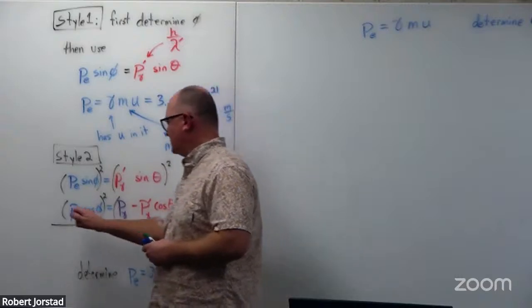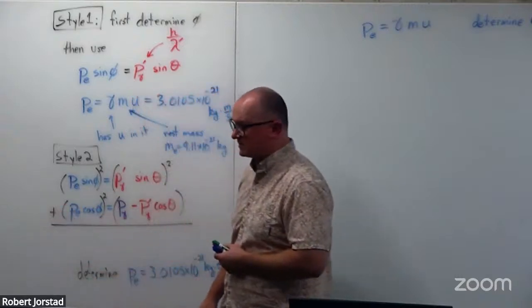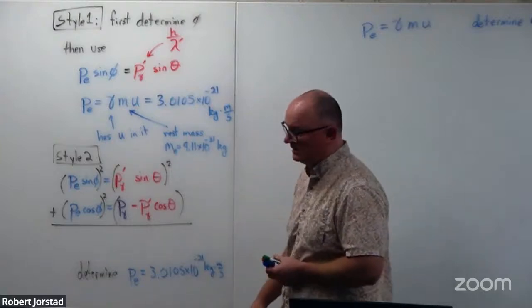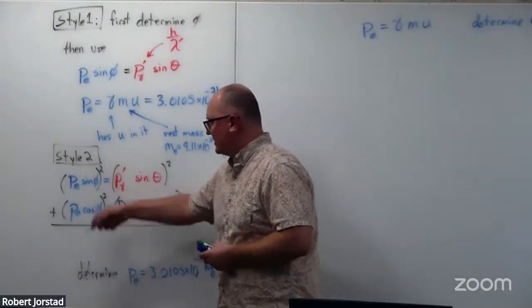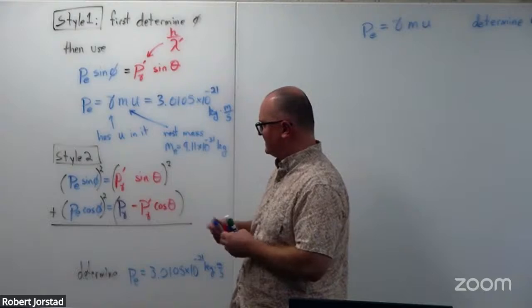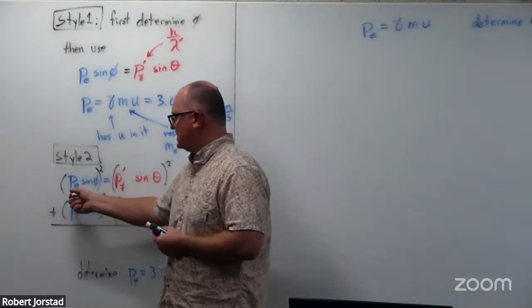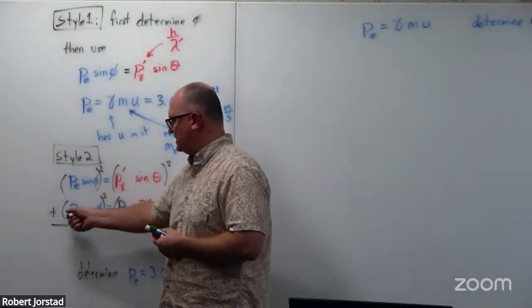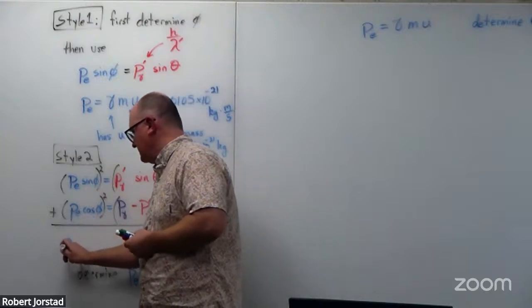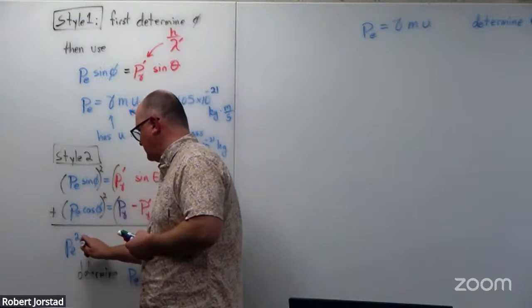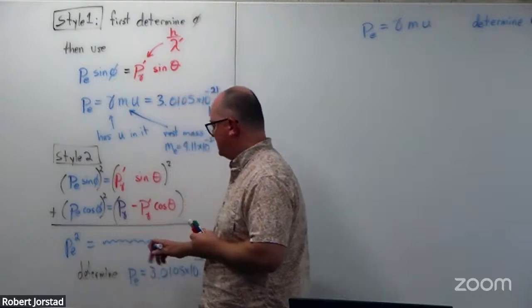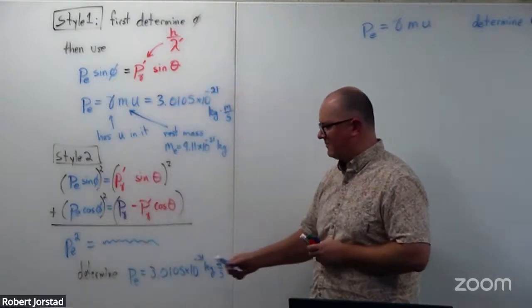When I square these and add them, I'm hoping you remember this. The key thing to see is that on this side, we're going to get P_e squared sine squared plus P_e squared cosine squared. This is basically P_e squared equals a bunch of numbers. We can get P_e the same way.